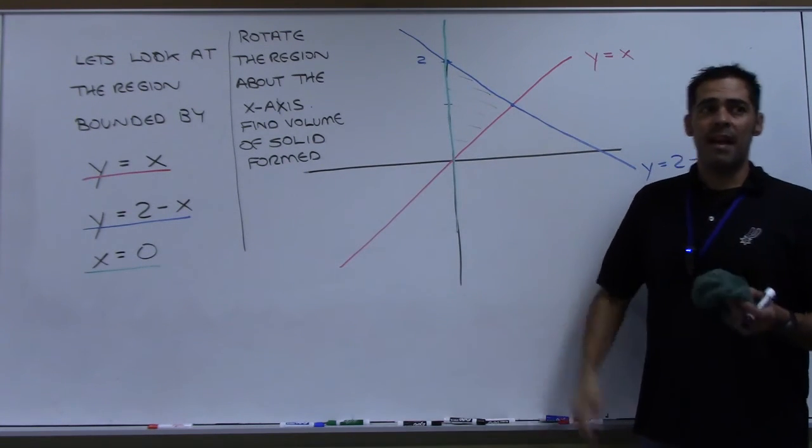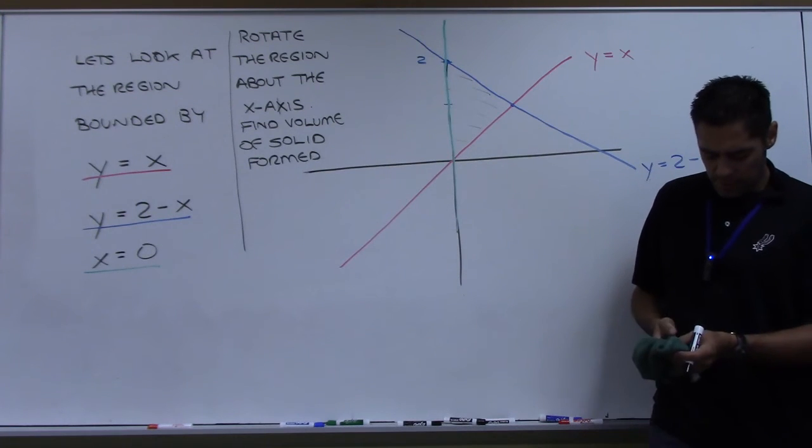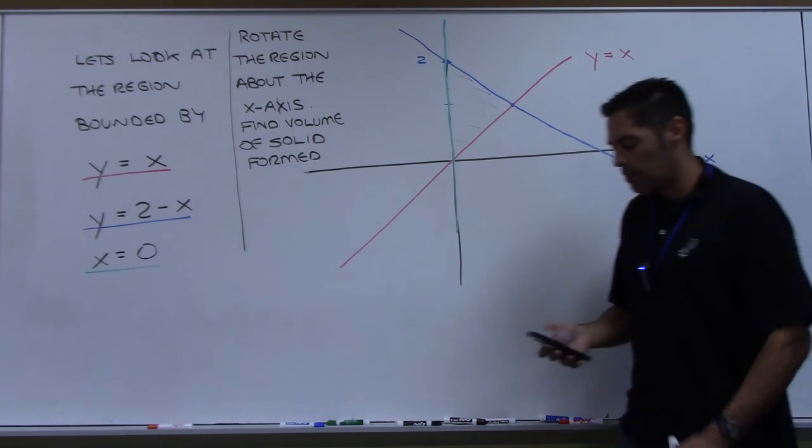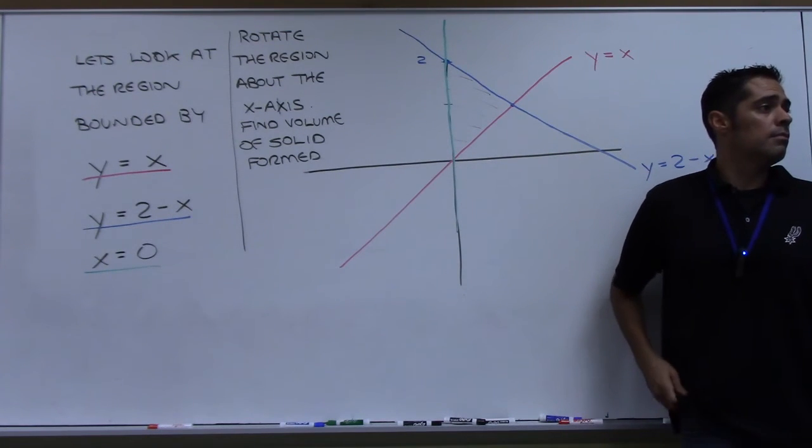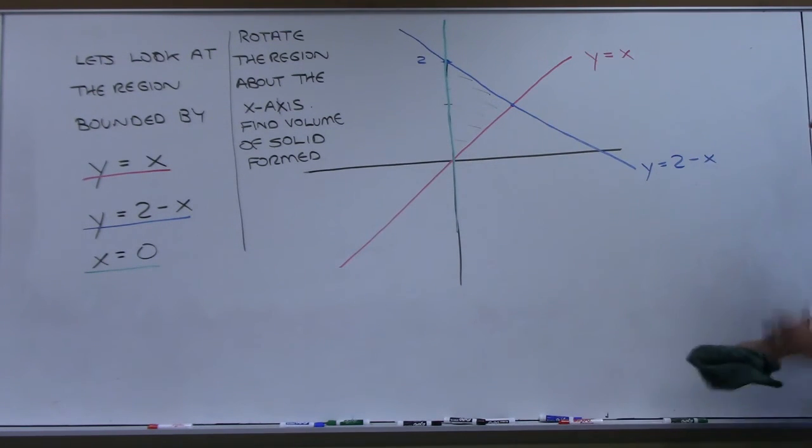Now what we need to do is add up an infinite number of volumes in order to get a total volume. Same process, just a different sort of formula. All right, so let me show you the procedure for this.